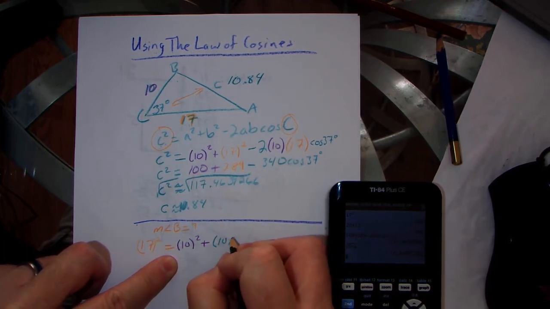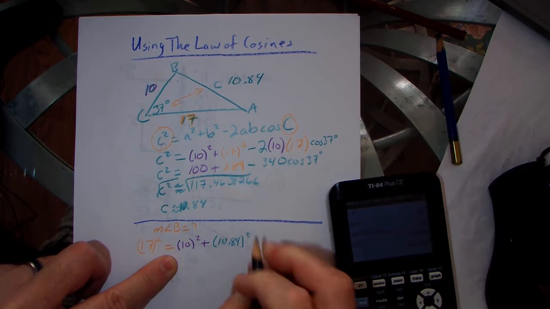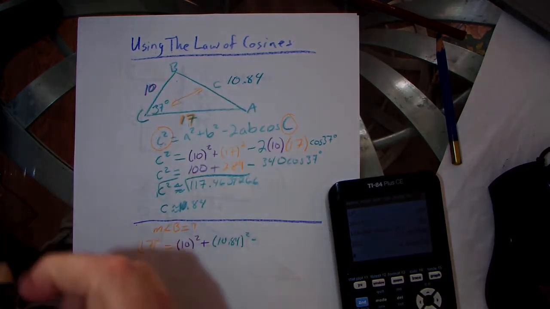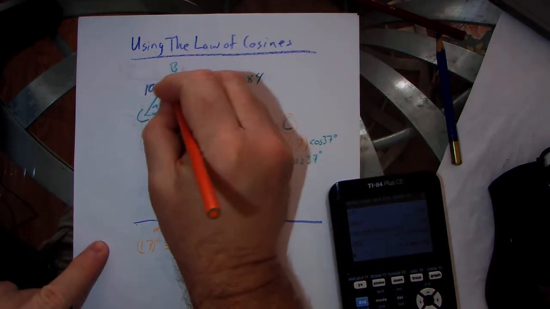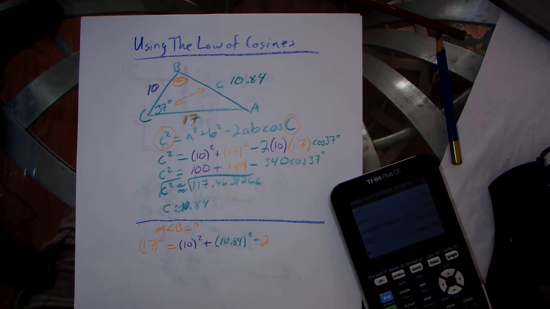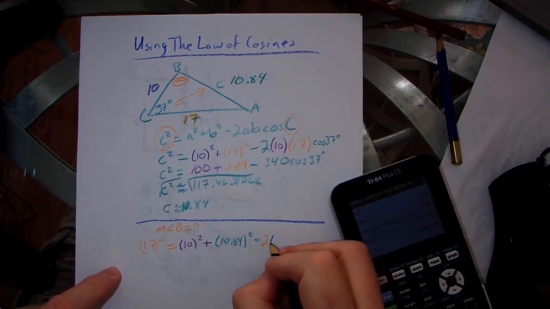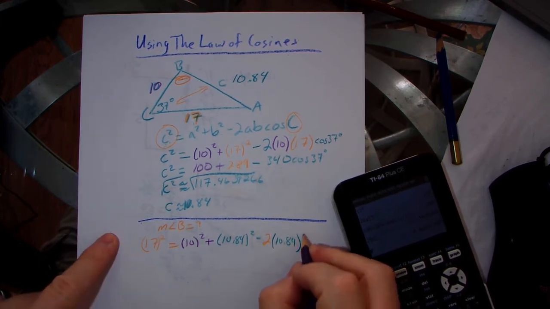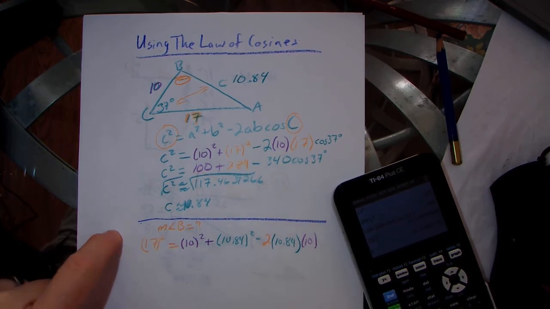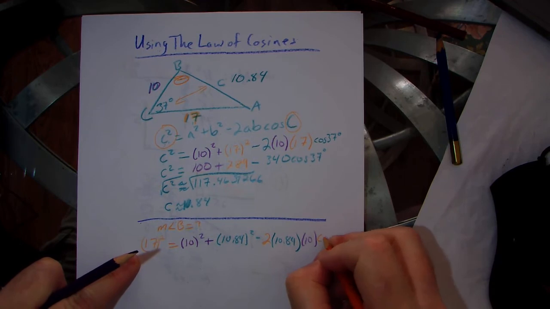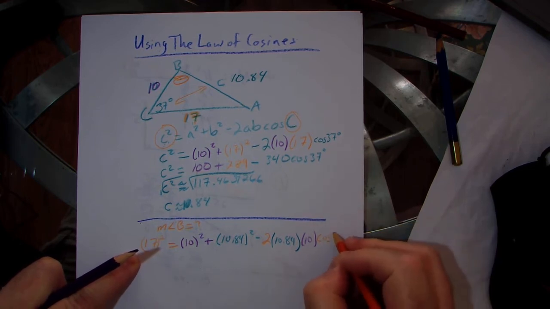So 10.84 squared minus, so we're looking for theta up here, so it's going to be 2 times 10.84 times 10 times the cosine of angle B.